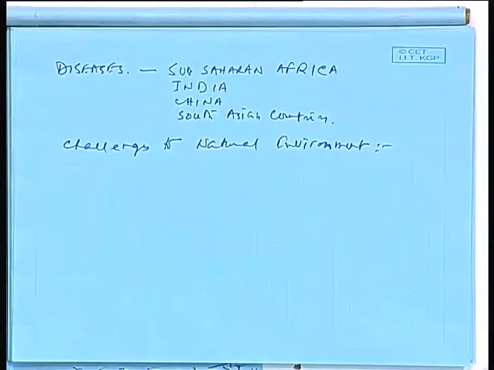Since the end of World War II, the global economy has grown over 15 times. The consumption of fossil fuel has increased by a factor of 25. And industrial production has increased by a factor of 40.